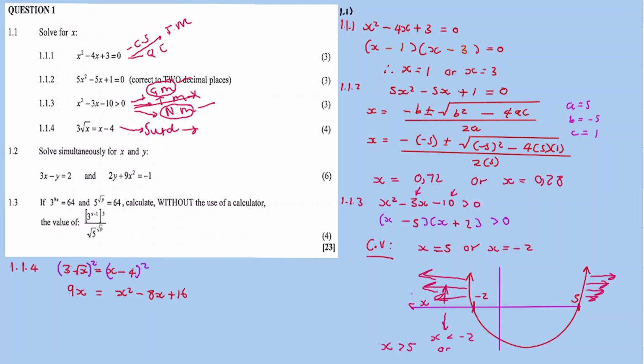Then I transpose the 9x to the right hand side, and negative 8x and negative 9x give negative 17x, and the other terms remain, there are no like terms. Then I want the roots for this equation. Again, this is a quadratic equation, so it goes from surd to quadratic equation.